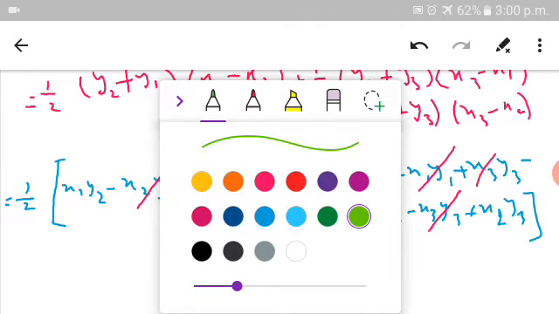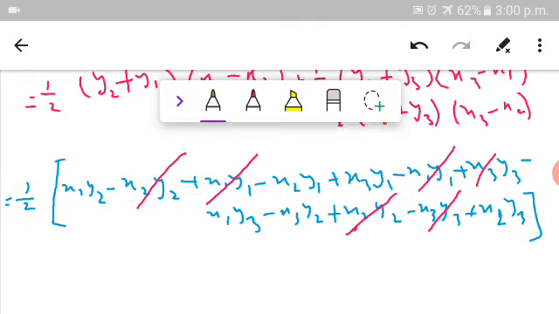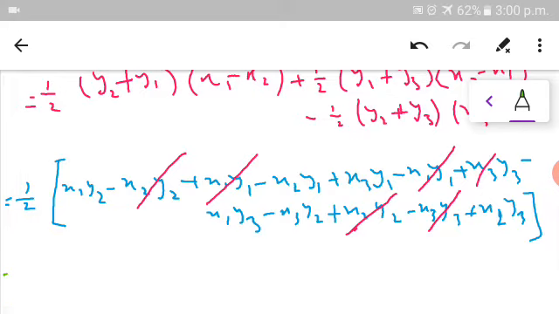So we are going to write it. Whatever remaining, that is 1 by 2, x1 y2. First of all I'll write with x1: x1 y3, this is minus x1 y3.